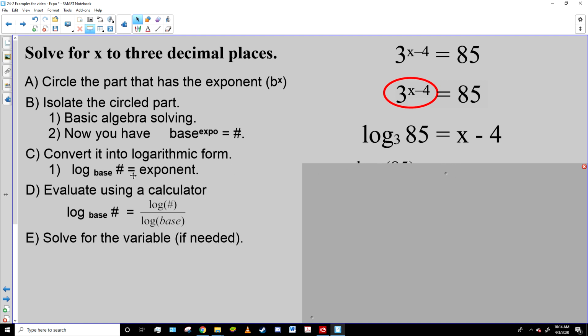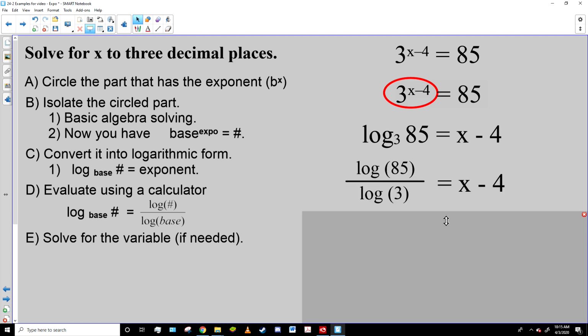Now that I have it like this, I'm going to evaluate it by using the change of base formula to evaluate a log. Now if you have a really good calculator, you can actually type this into your calculator just like it is. But if you're using a normal calculator, then you'd have to do log of 85 over log of 3. Please make sure you close the parentheses on the 85 and the 3 before you press enter. If you don't close the parentheses on the 85, it will give you the wrong answer.